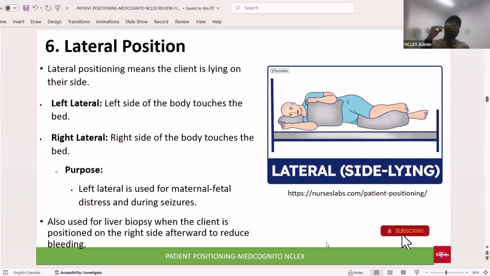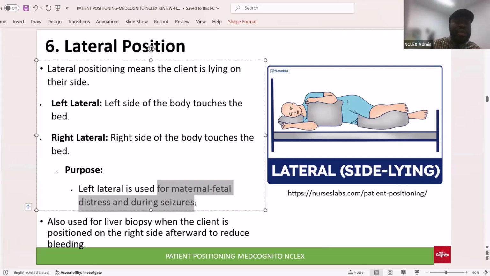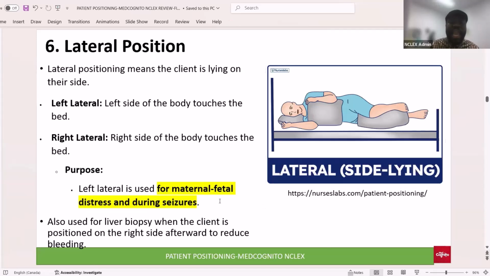When do we use the left lateral position? It is for maternal fetal distress and during seizures. Two things: maternal fetal distress, and when the patient is having a seizure.